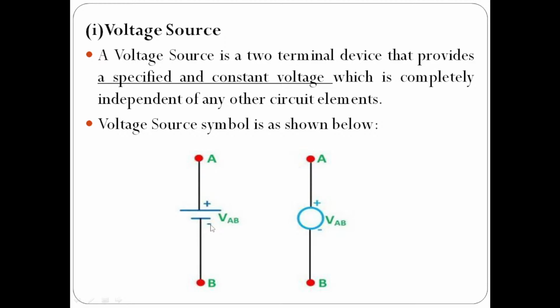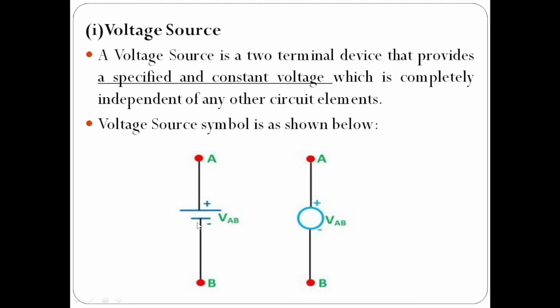Usually in general we won't call them positive and negative electrodes, we call them positive and negative terminals. Usually the ends of a branch are called terminals. In general A and B are called terminals, but you can even call these positive and negative electrodes terminals.